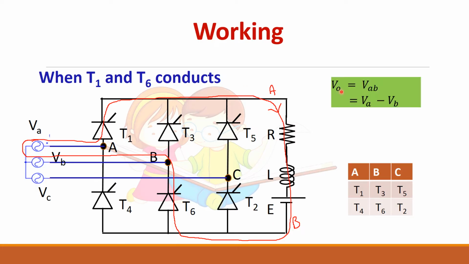So what will be the output voltage? That is equal to VAB, or I can write it as VA minus VB. So if you know the device conduction, you can find the output voltage easily.